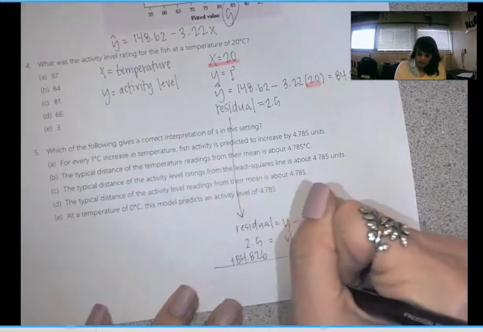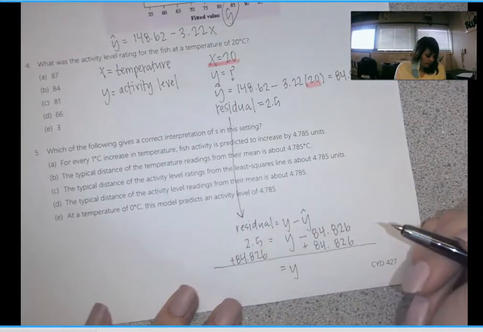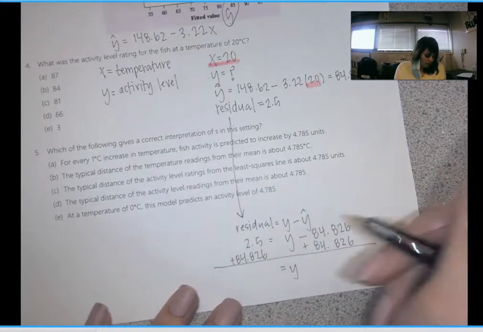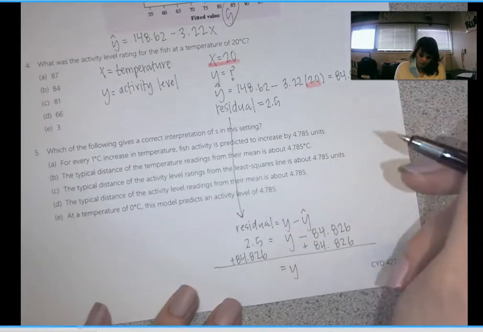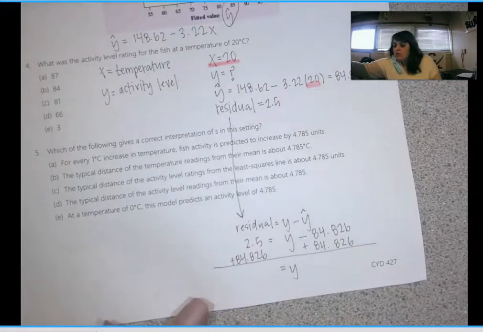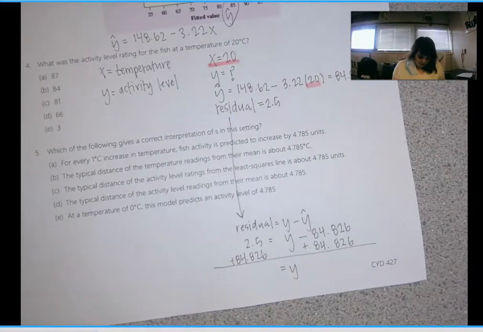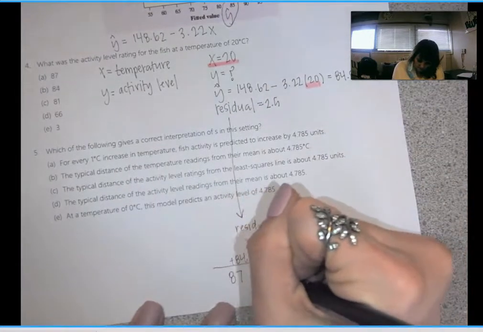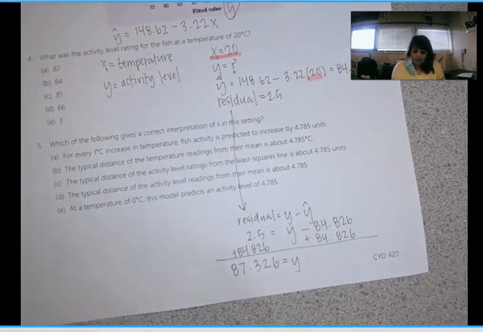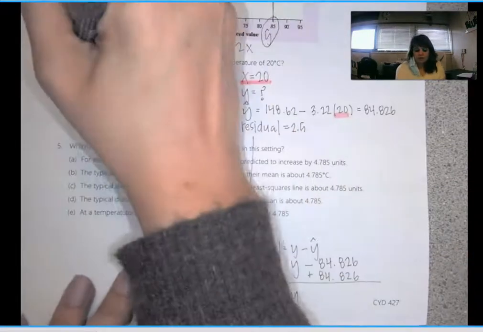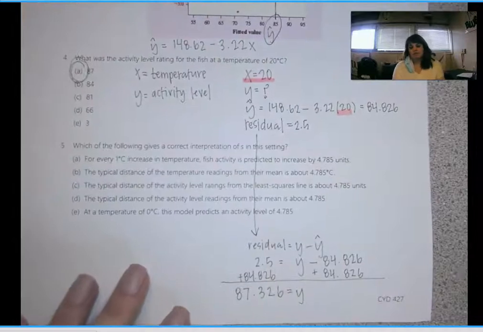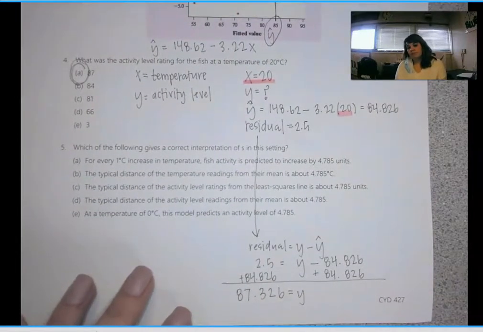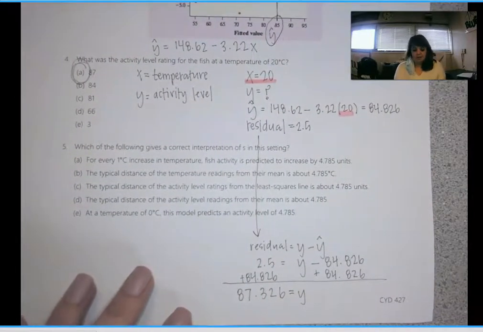And we get that the actual activity rating is 2.5 plus 84.826, 87.326. So about 87. So the answer to this one is A. The answer to this one is A.